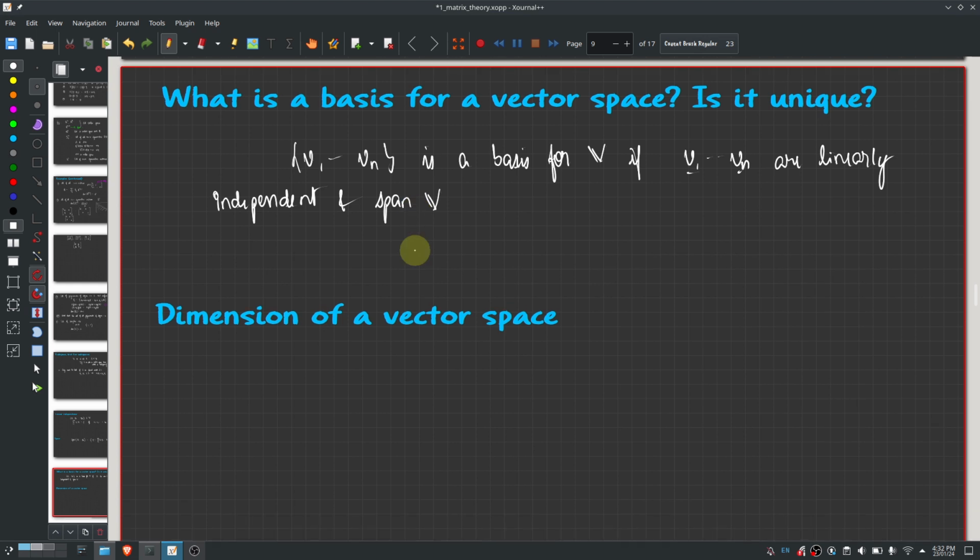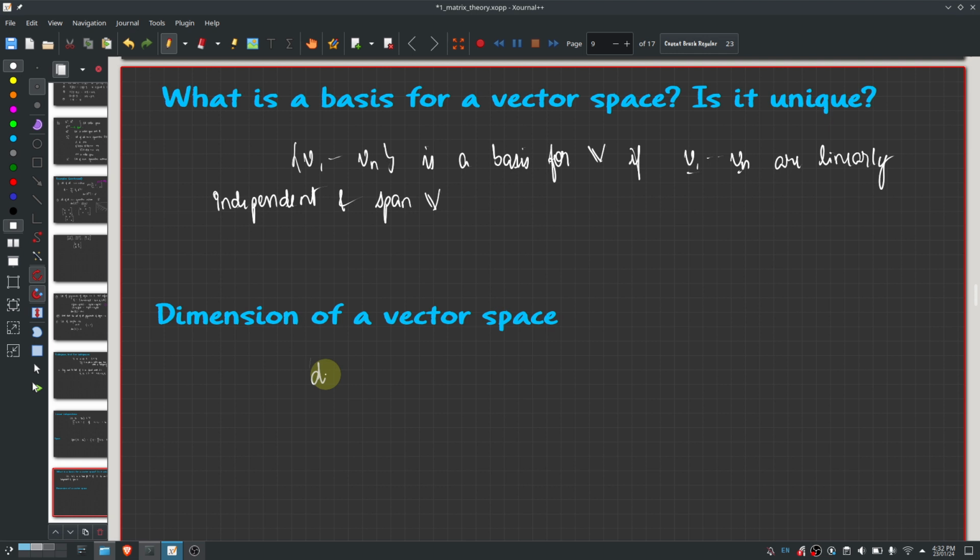And is the basis for a vector space unique? No, there can be multiple bases for a given vector space. Correct? But the number of basis vectors is always unique for a finite dimensional vector space, and this number is called the dimension.